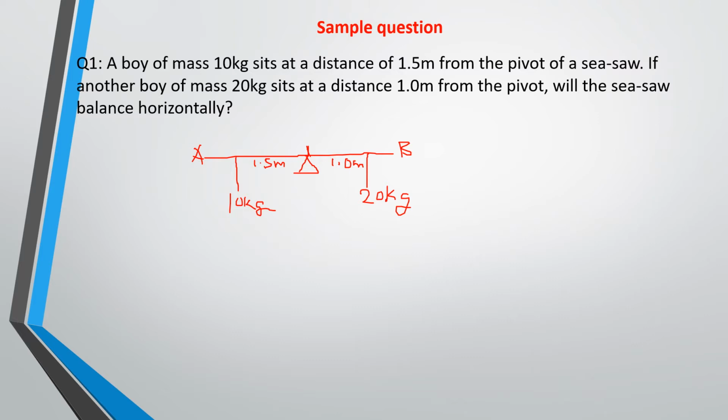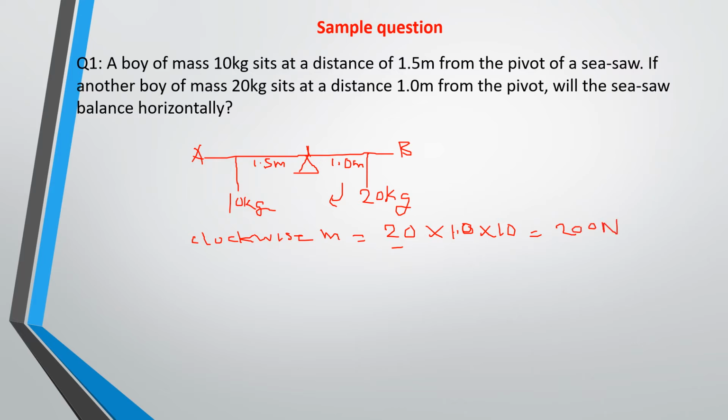So let's see, clockwise moments. Clockwise moment here is equal to 20 times 10 times 1.0. I'm converting the 20 kg to Newton, which is force, so that gives me 200 Newton.